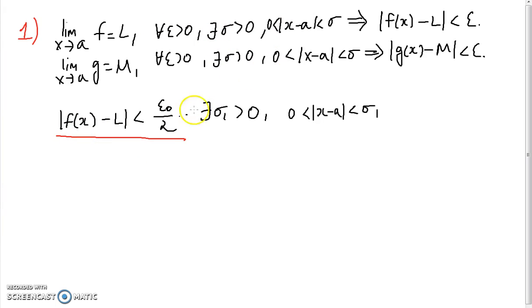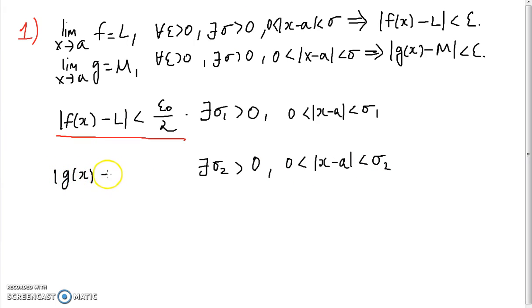And we can also find an interval around a, perhaps of width 2 delta 2, such that if the distance between x and a is less than delta 2 and greater than 0, then the distance between g of x and m can be made less than epsilon 0 over 2.